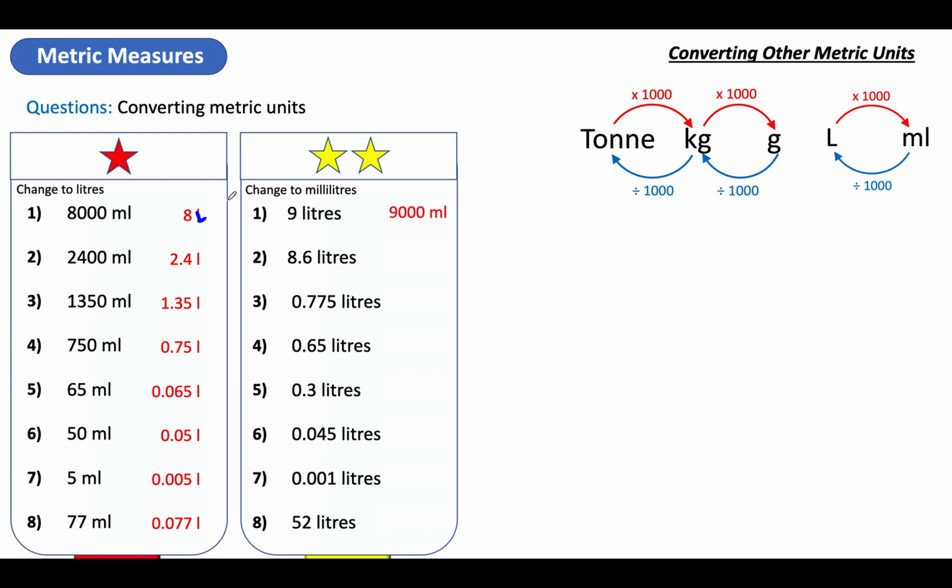And what if we're going in the other direction? How about 9,000 millilitres, 8,600 millilitres, 775 millilitres, 650 millilitres, 300 millilitres, 45 millilitres, 1 millilitre. Sounds like a tongue twister. Anyway, and 52,000 millilitres.